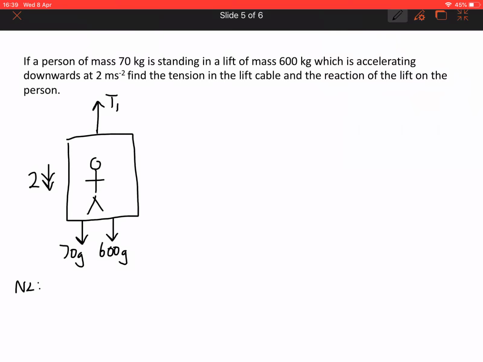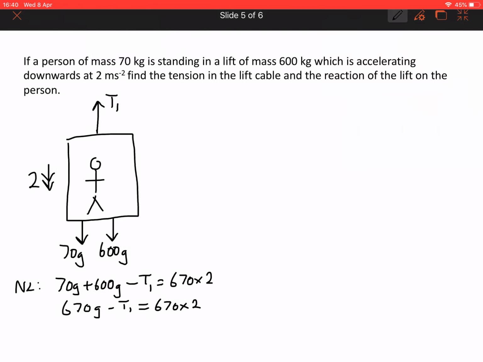So Newton's second law. Now I'm accelerating downwards, so I want the resultant force downwards, which is 70g plus 600g, because they both act downwards. Take T1 is the total mass, 670, times the acceleration, which is 2. So this time I'm taking the positive direction downwards. Let's work it out. 670g take T1 is 670 times 2.